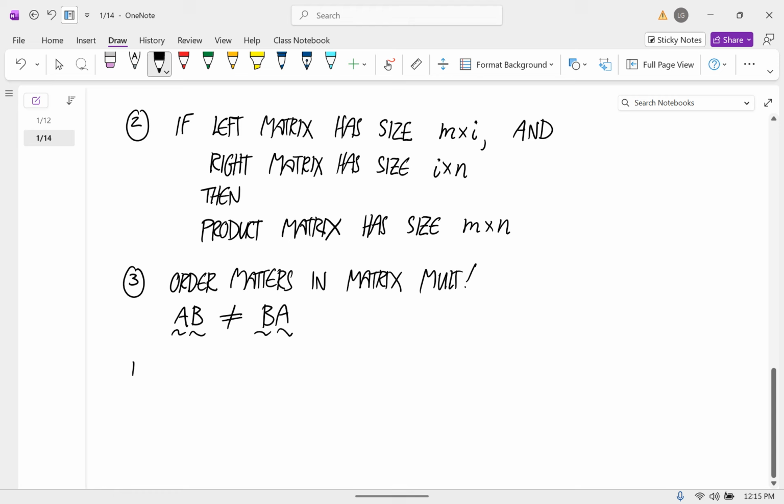And then the last thing worth keeping in mind is that the grouping doesn't matter if you're multiplying more than two matrices. So, okay, grouping doesn't matter.